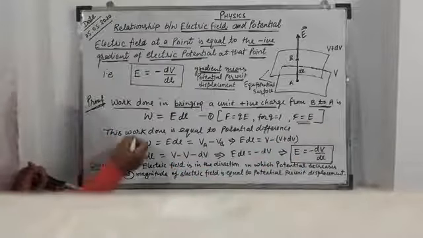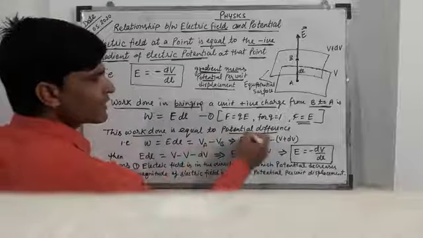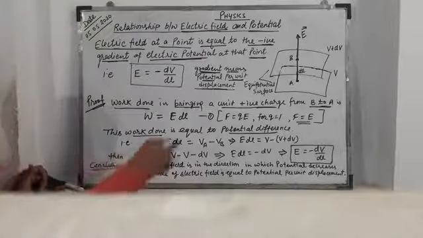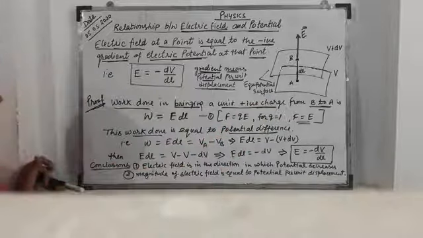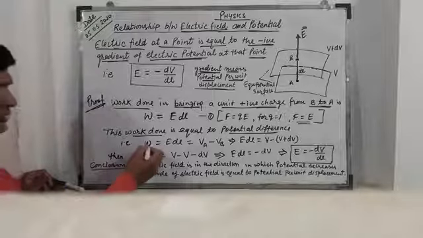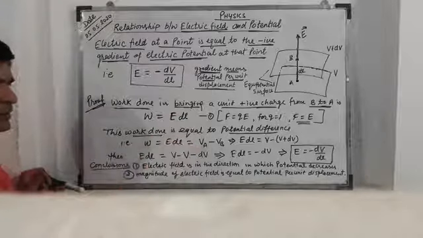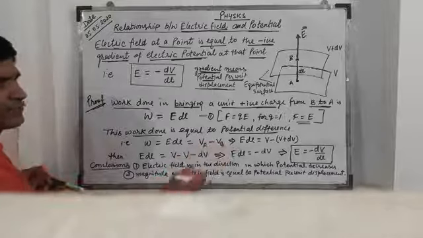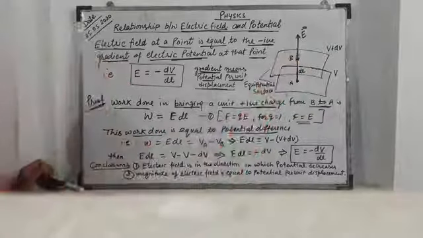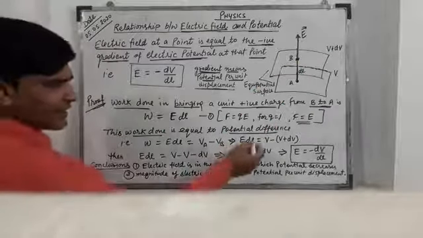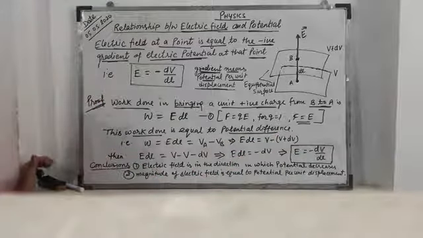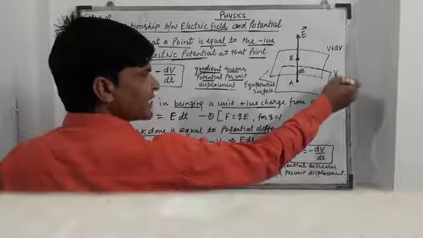This work done is equal to the potential difference, because we know that work done in bringing a unit positive charge is equal to the potential difference. That is, W is equal to E into dl equal to VA minus VB, the potential difference between A and B. Which represents E into dl equal to V minus V plus dV, the value of potential at this surface.